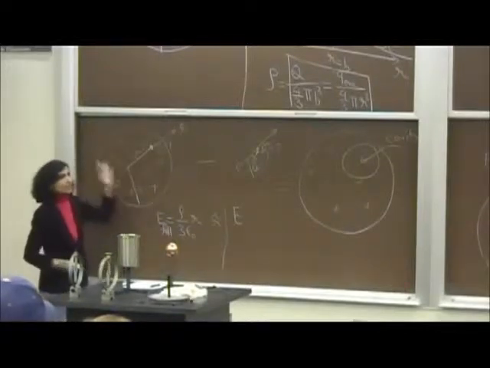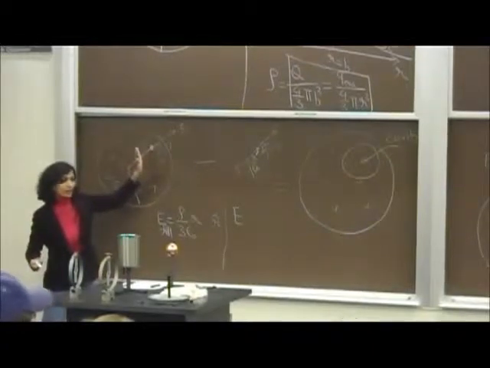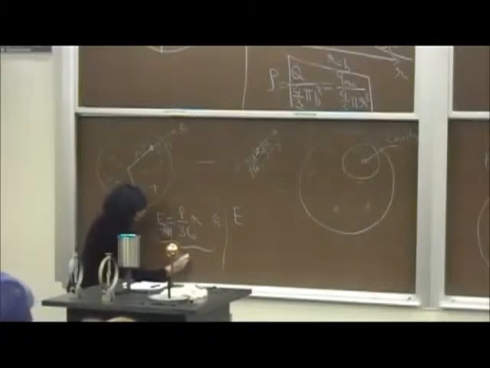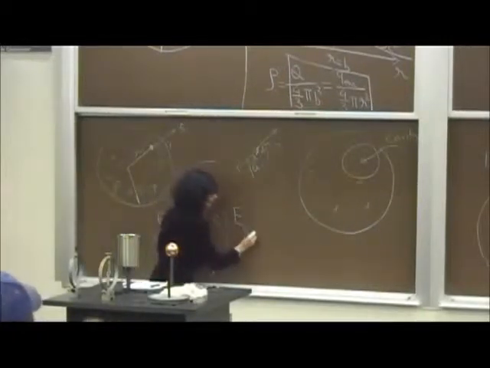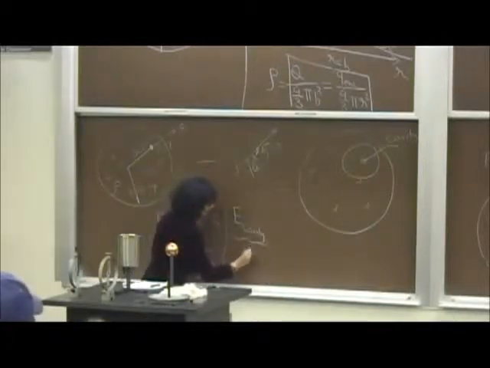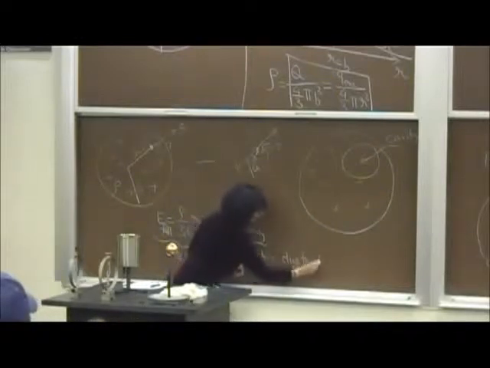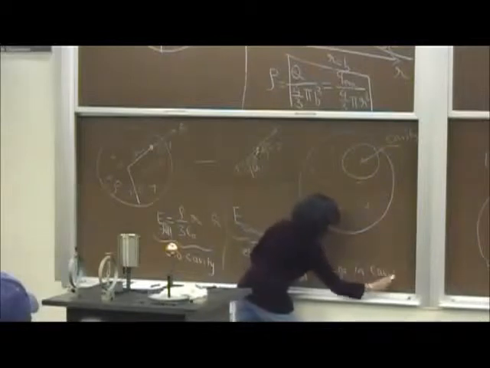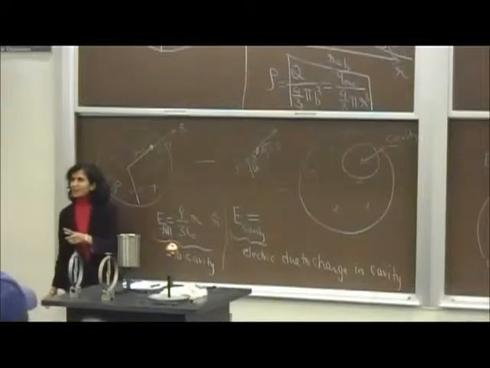Full means everything included, assuming that there is no cavity. So this is for no cavity, and this is E cavity. That means the electric field only due to the charge in the cavity. What will it be?